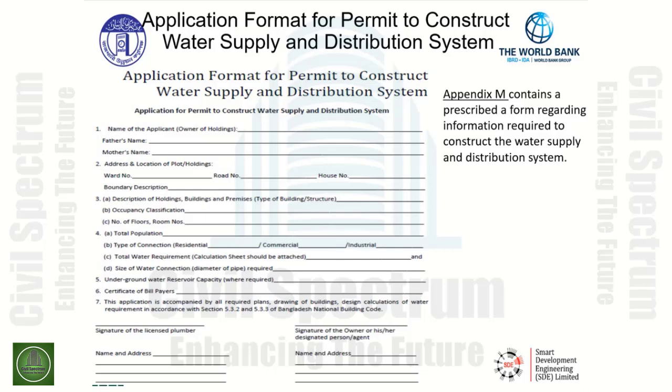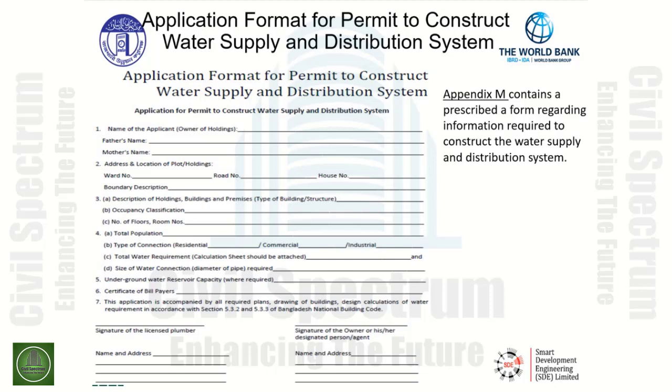Item number 1, name of the applicant, either the owner of holdings, father's name, mother's name. Number 2, the address, location of plot, holdings, specific information like ward number, road number, house number, boundary description.